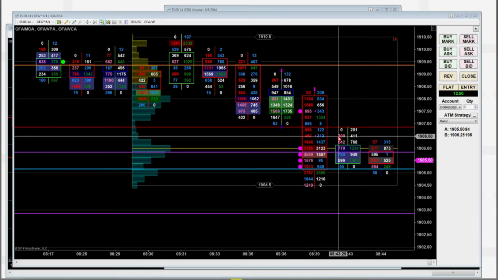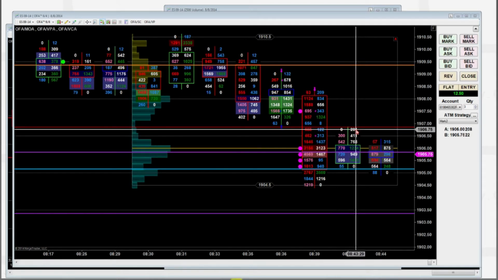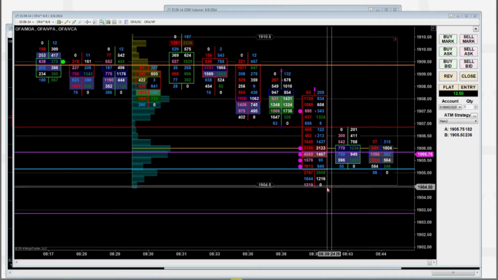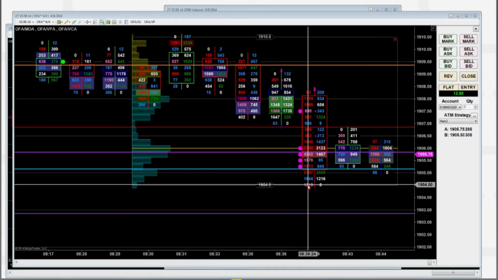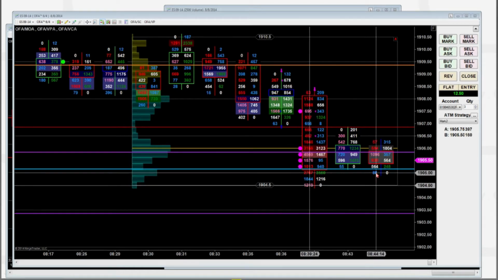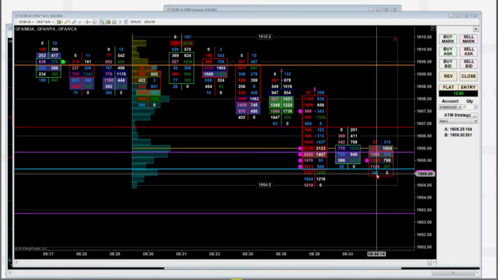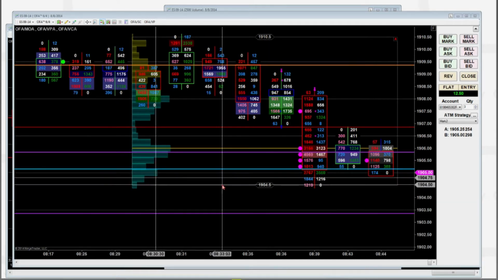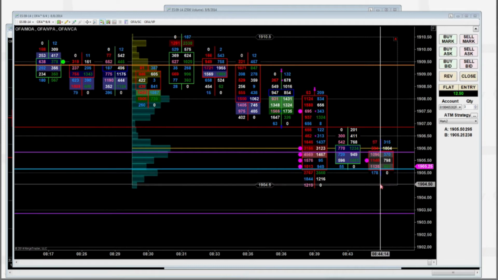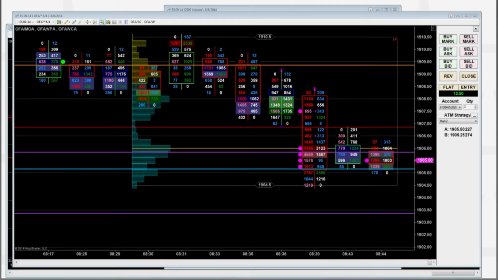There was some strength back at the bid here. I was looking for a little bit more weakness at the offer. All right, so what I'm seeing right now is down here there was pretty significant strength at the bid. These last two times down, these sellers have not followed through yet, but this is unfinished to the downside. So my expectation, doesn't mean it will happen, is that we'll see this maybe another tick.